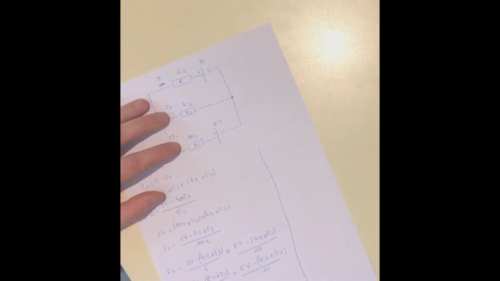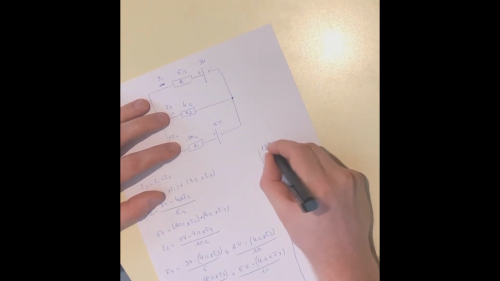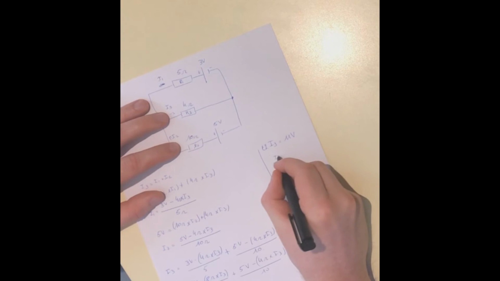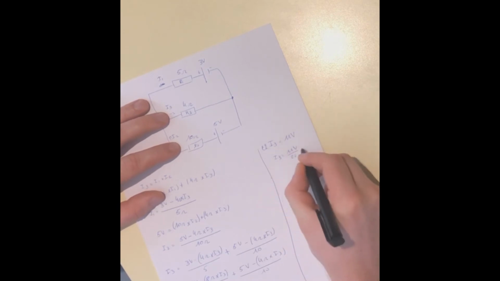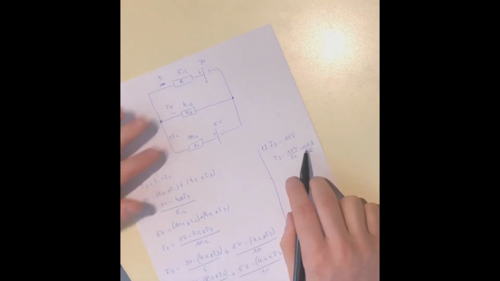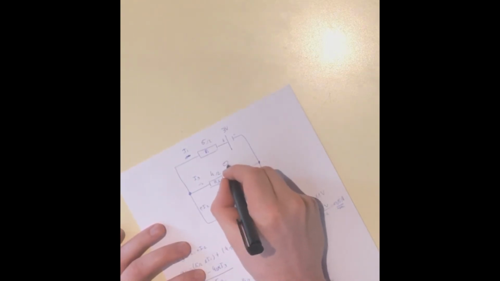So we can move this part to there. What we have to do is change the minus to a plus. So we have 22 times I3 is equal to 11 volts. We want to know I3. So I3 is equal to those 11 volts divided by 22 is equal to half of an amp. So we know here in this direction there is a half an amp flowing.